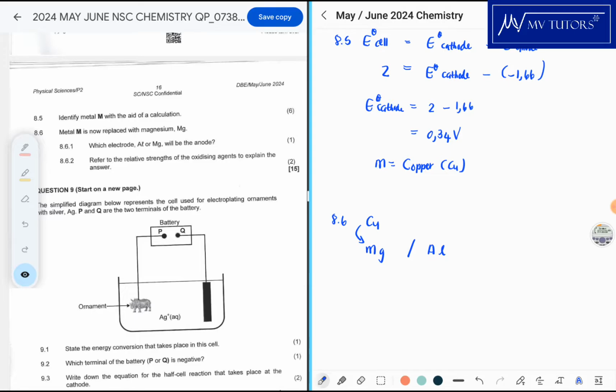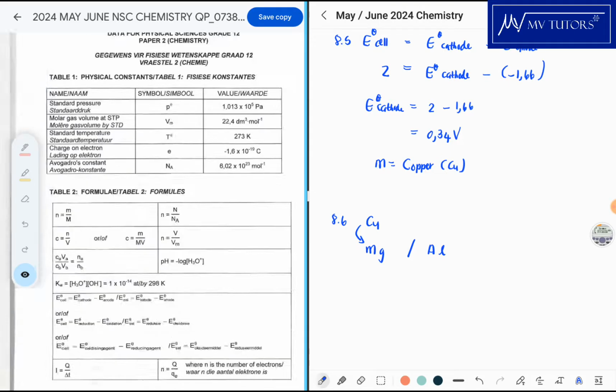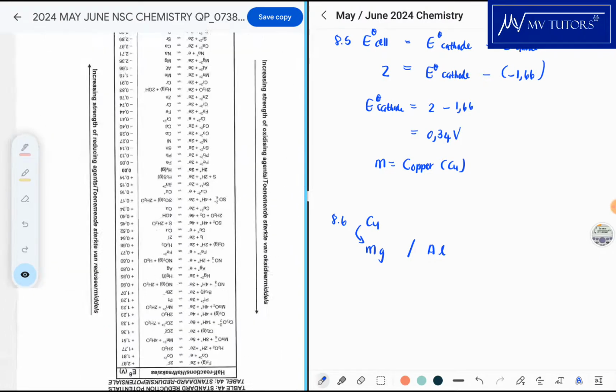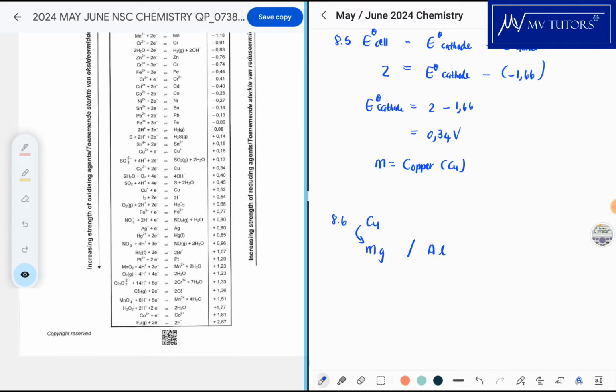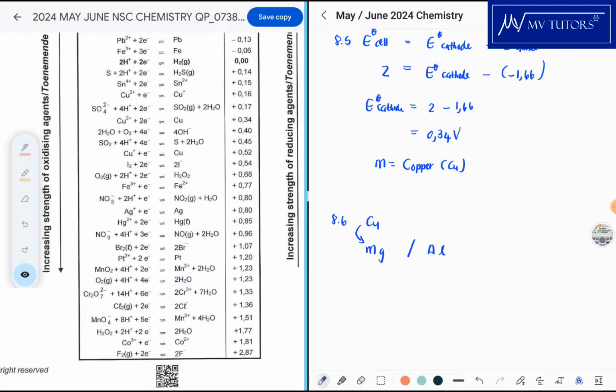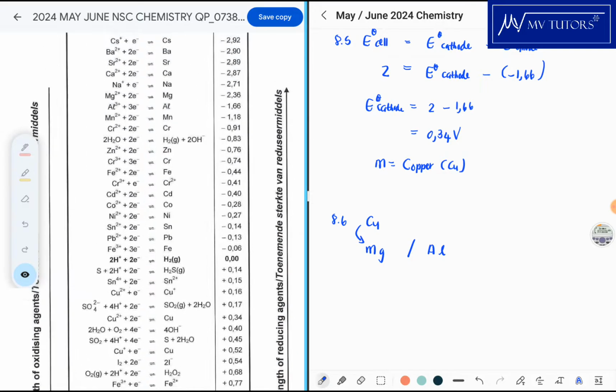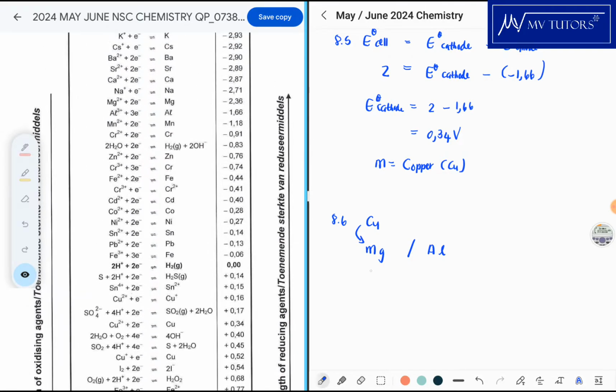Let's check which one is more likely to oxidize better. So aluminium, I lost it again. Where was it? Okay, magnesium, I see. There it is. Oh, they're actually next to each other.